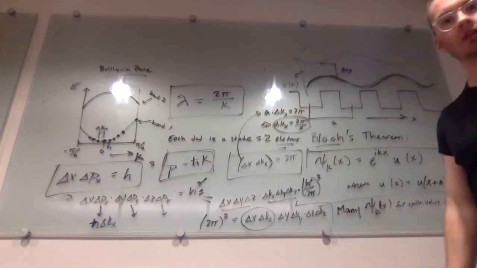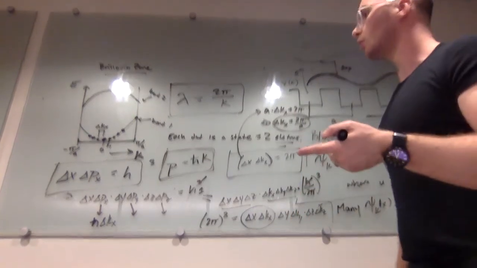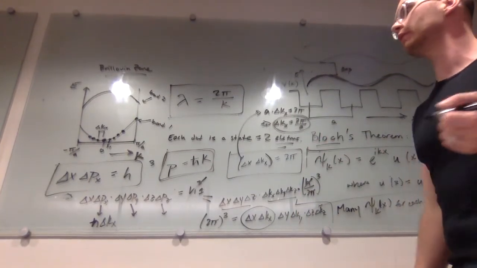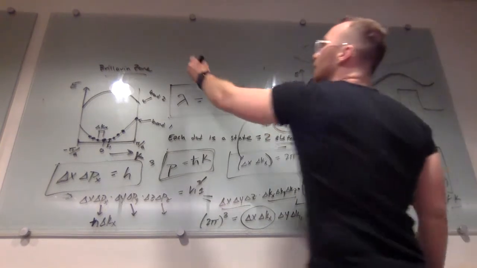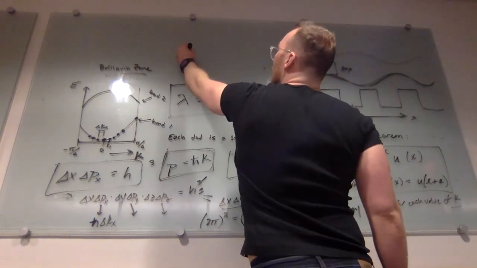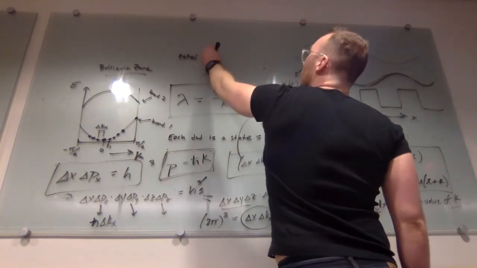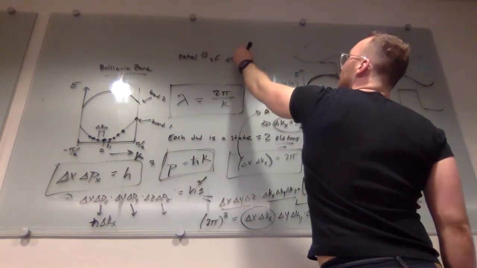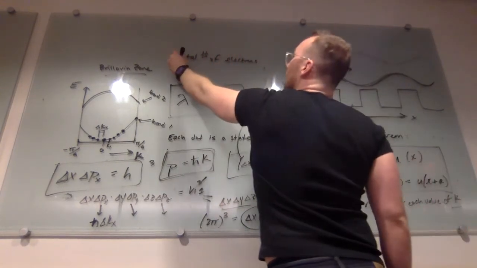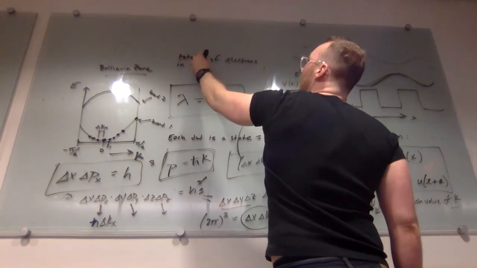And then in the book, right before question 3, I believe, they write the total number of electrons in a band.